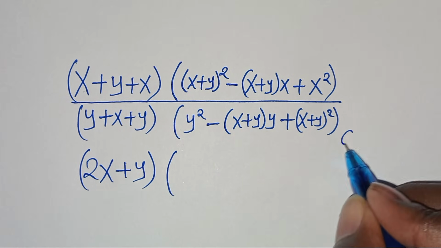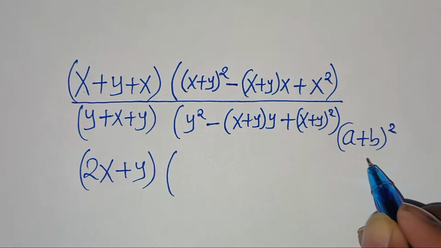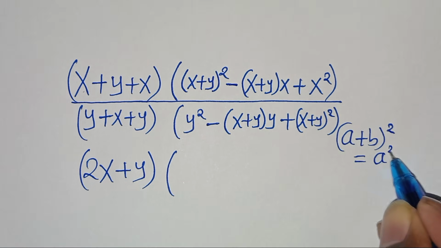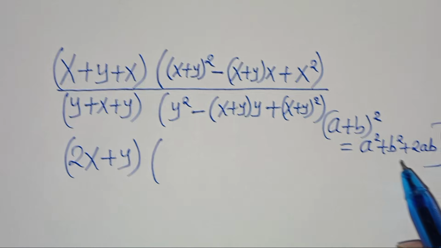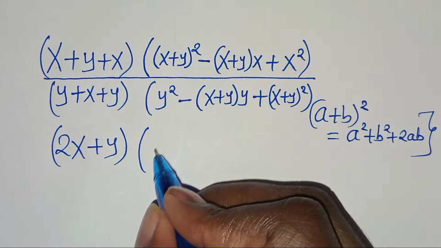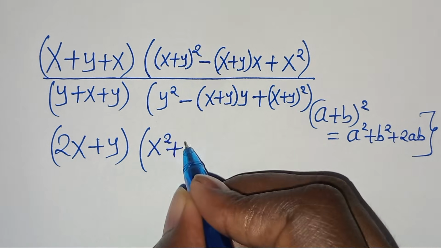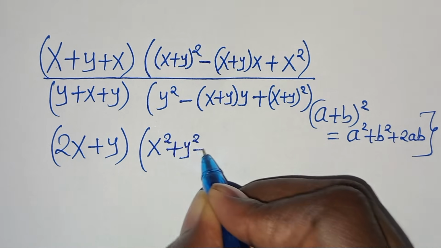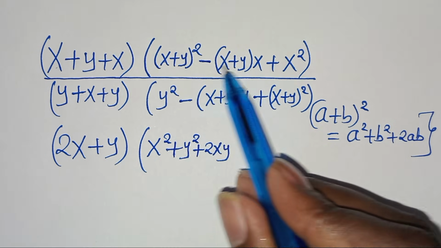This is in the form of (a plus b) squared, which we can express as a squared plus b squared plus 2ab. Applying this identity, we have x squared plus y squared plus 2xy. Let's open the parentheses here.